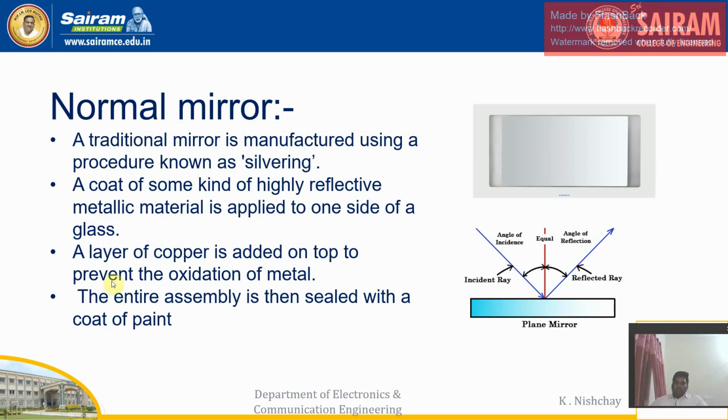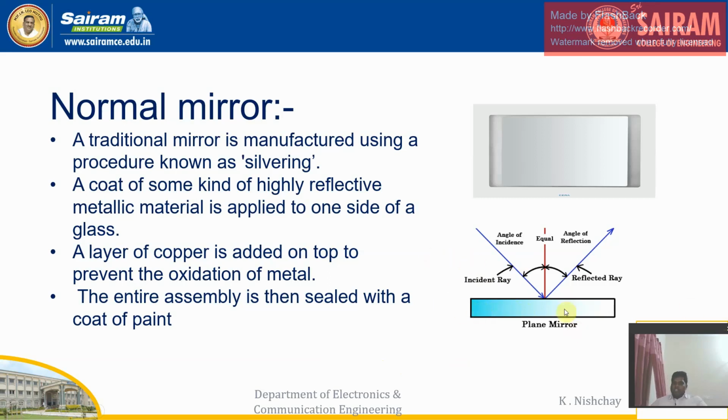To prevent oxidization of the metallic coating, copper is added on the side of the mirror where the metallic material is coated. This entire process is sealed with a coating of paint. You may now know how a normal mirror is built.